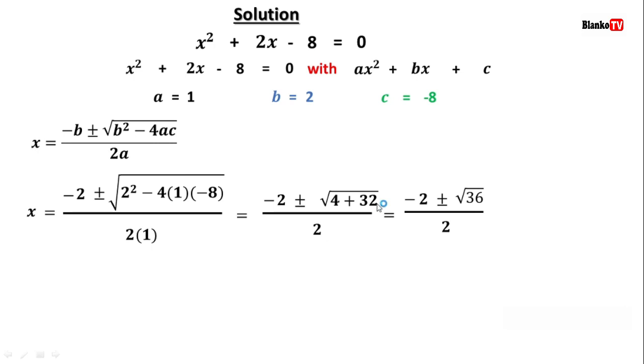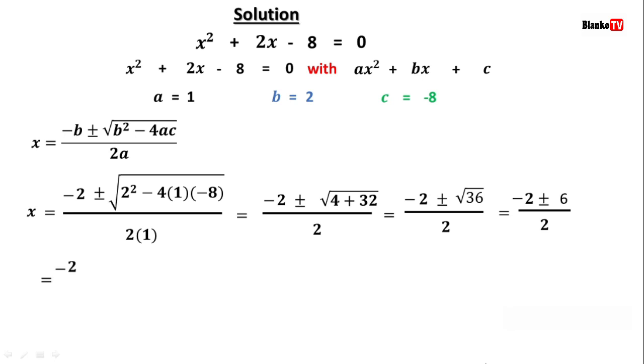Okay, so negative 2 plus or minus, now the square root of 36 will be 6, all over 2.